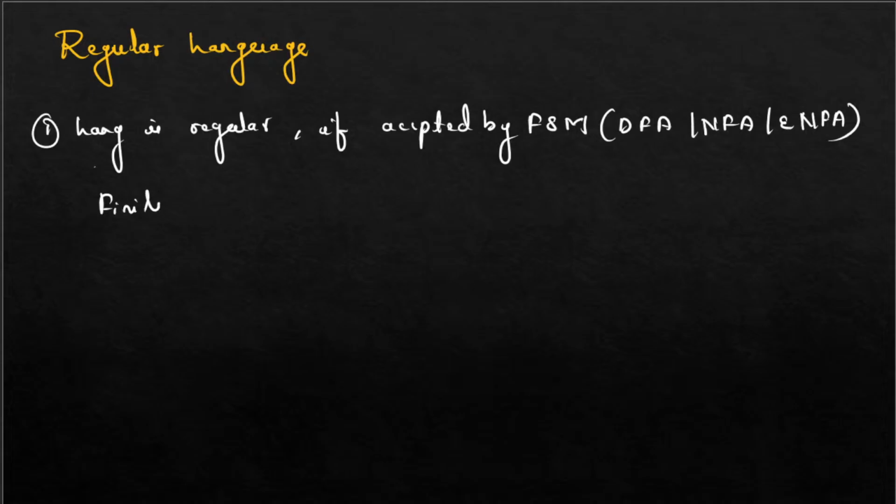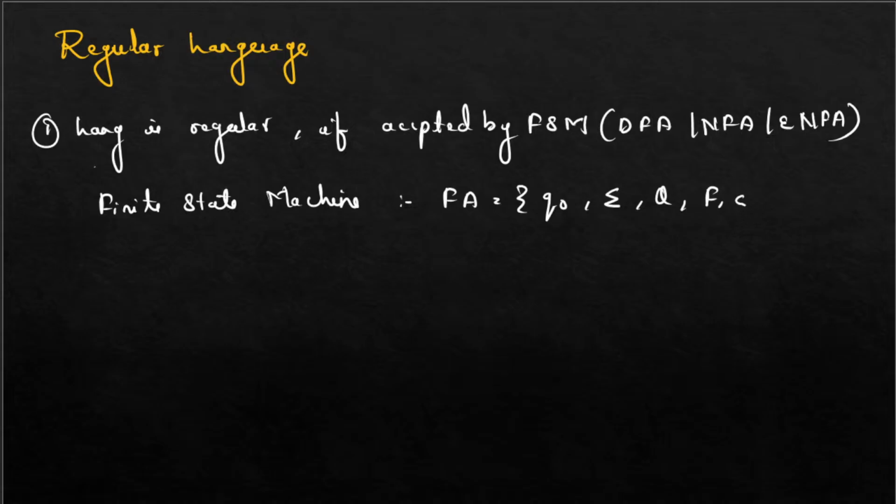So finite state machine. A finite state machine is nothing but FA, finite state machine or finite state automata also we can say. So it has Q0 initial state, after that alphabet, after that states and final states, and this is the transition function. Okay, and this is nothing but the definition of a finite state machine.